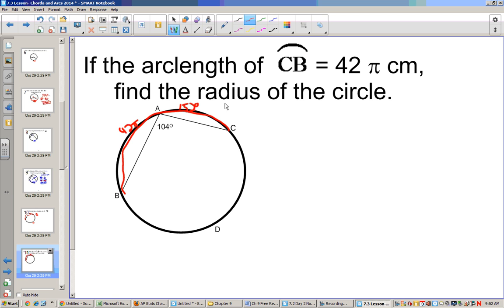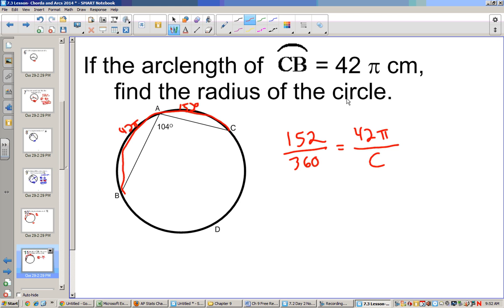Now let's find the radius of the circle. Well, we know 152 over 360 degrees is this portion of the circle, and that equals my arc length over my circumference. We know our arc length is 42 pi. So the first thing I'll do is find my circumference.